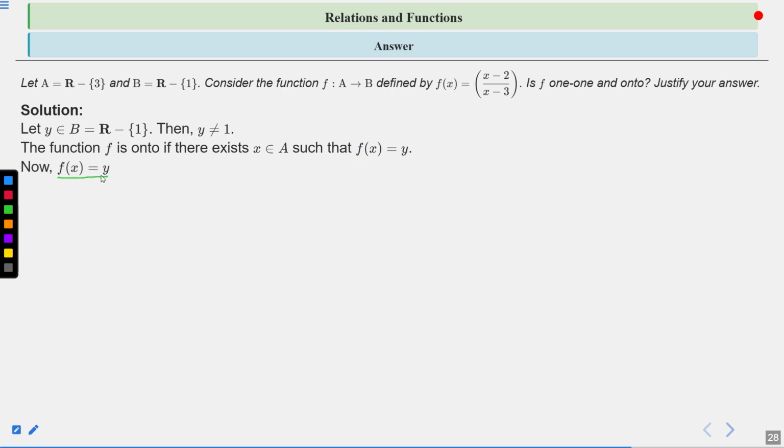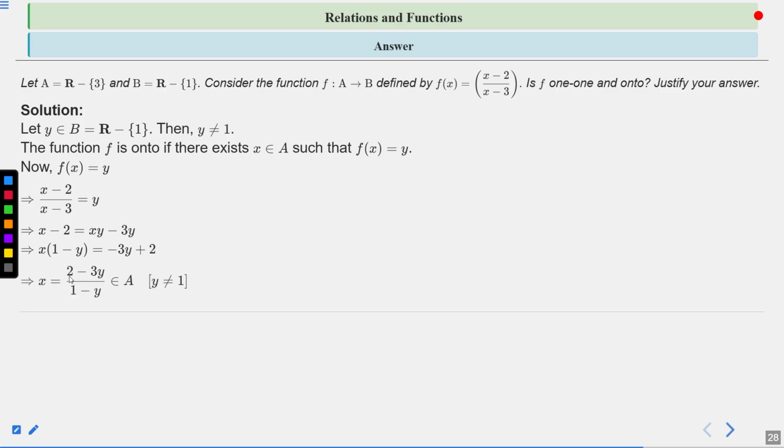So now f(x) equals y, meaning (x minus 2) by (x minus 3) equals y, meaning x minus 2 equals xy minus 3y, which gives x times (1 minus y) equals minus 3y plus 2. So x equals (2 minus 3y) by (1 minus y). And we know x belongs to where? x belongs to the domain set, which is A here.